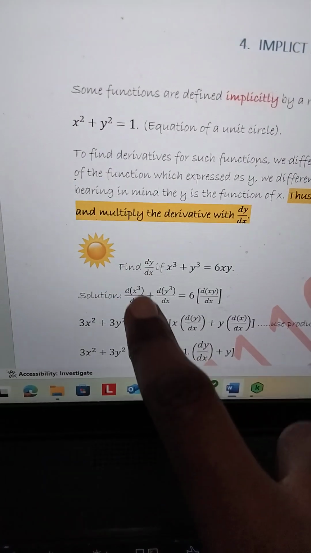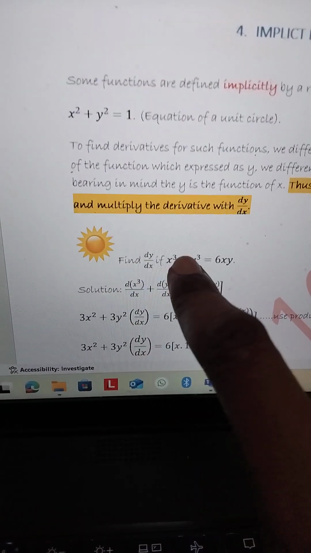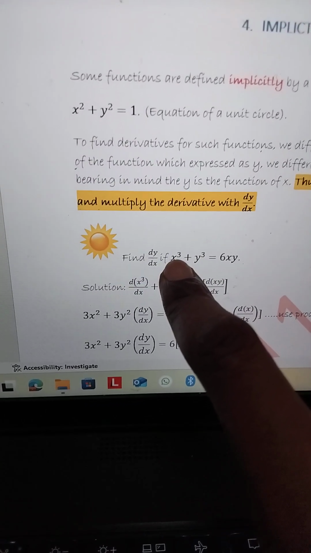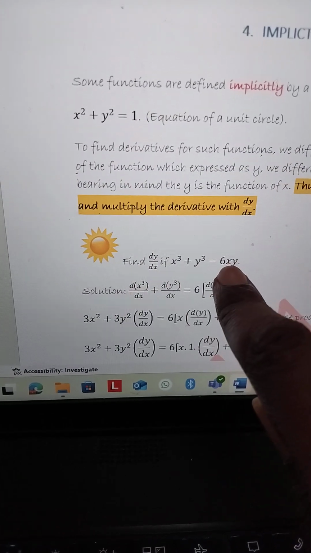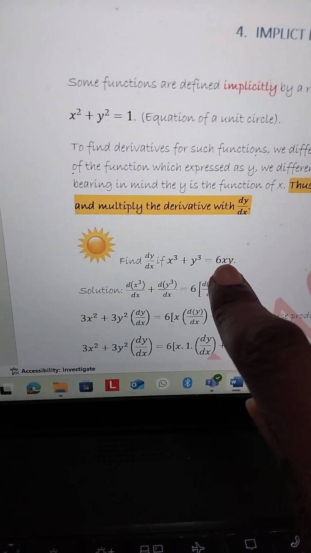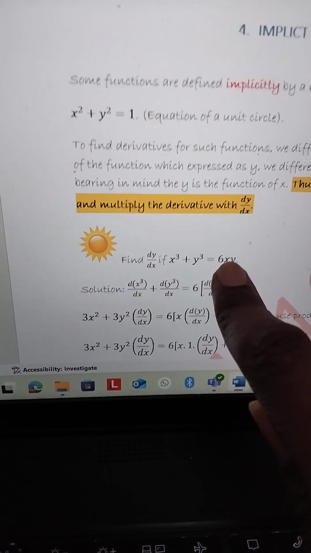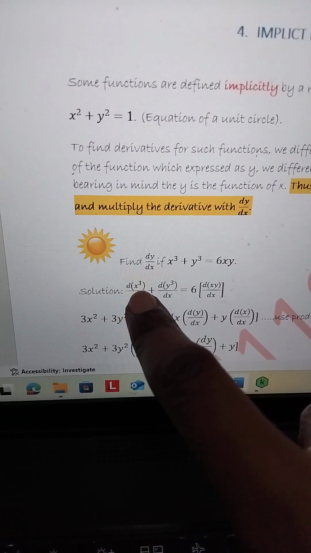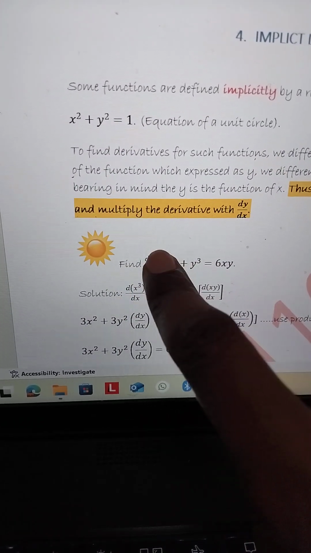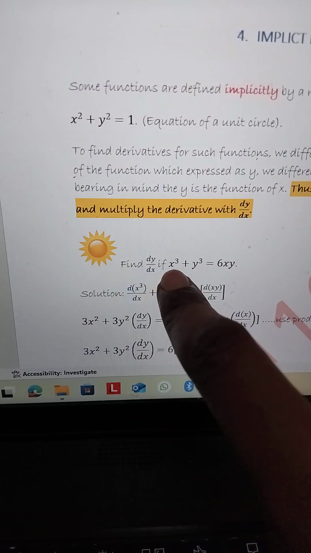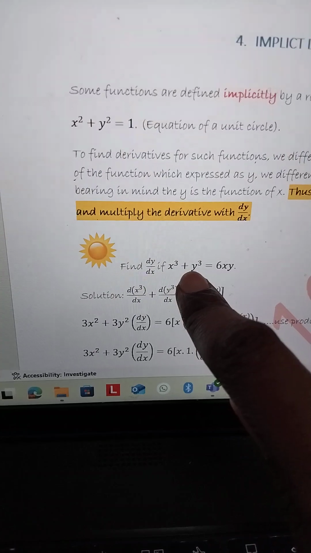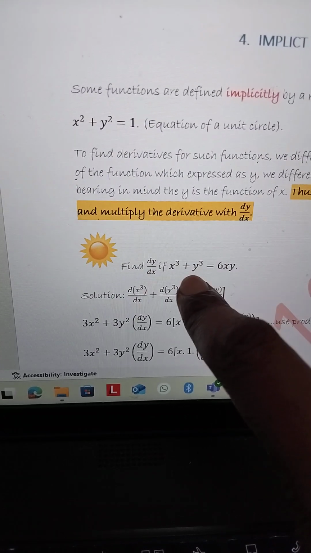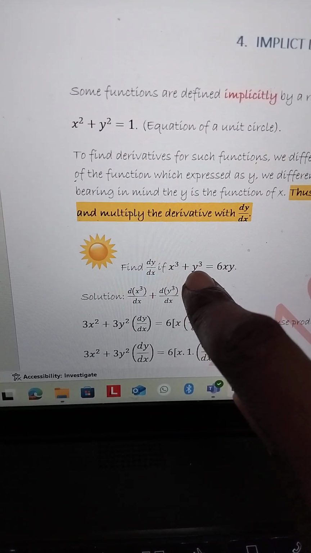So we find the derivative of x cubed with respect to x, and then of y cubed with respect to x, and then of 6xy with respect to x. Right. On the left side, the derivative of x cubed is 3x squared. The derivative of y cubed, y cubed is a composite function.